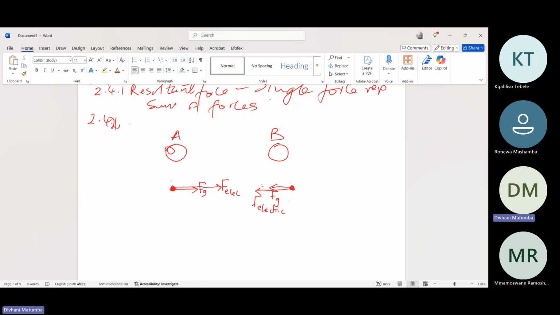Okay, Romeo, this force right here, if you are comparing FG on this free body diagram and FG on this free body diagram, how do you compare them? Are they the same or are they different? I would assume they're the same. Why? What is the reason?